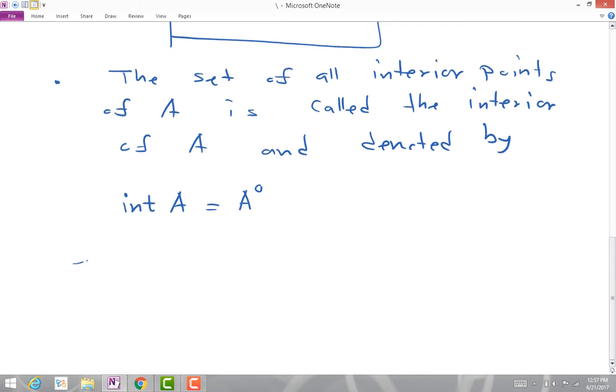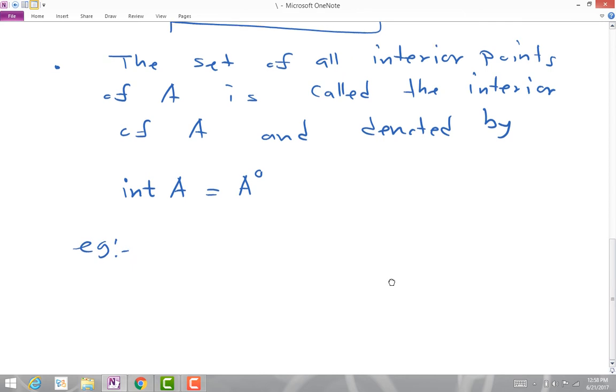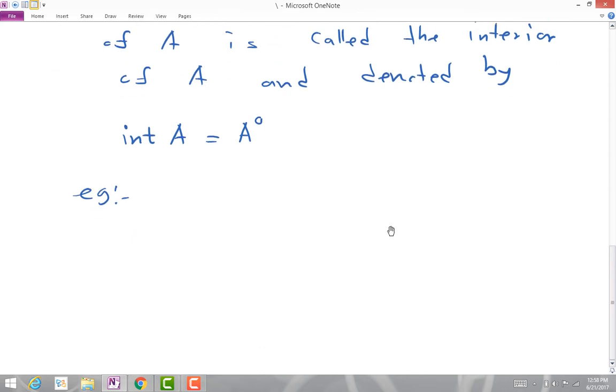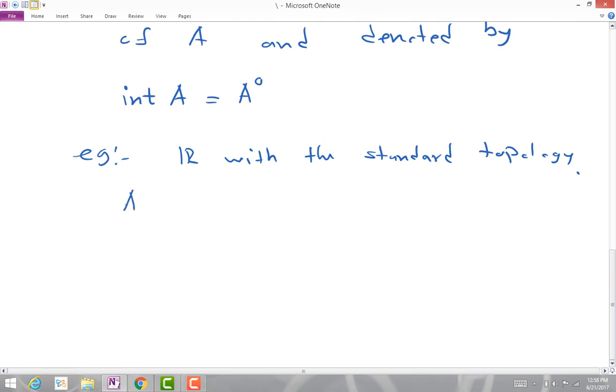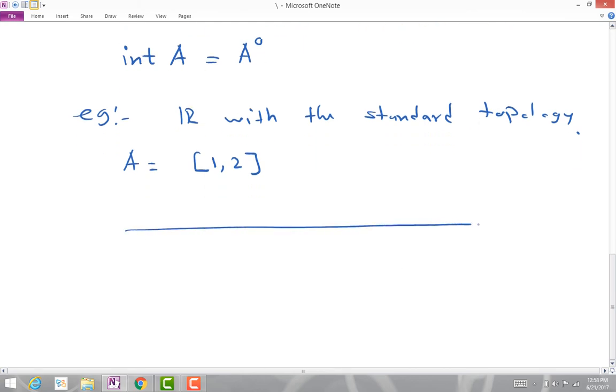Okay, we'll take an example. The first thing is we need to have a topology. So I'll take R with the standard topology. Now my set A, we'll take the closed interval [1, 2], to have 1 and 2.